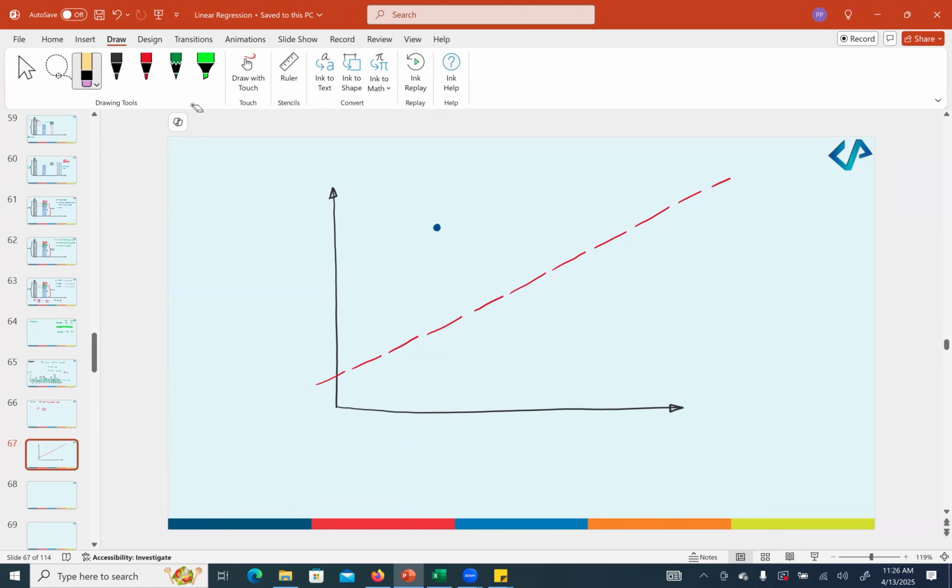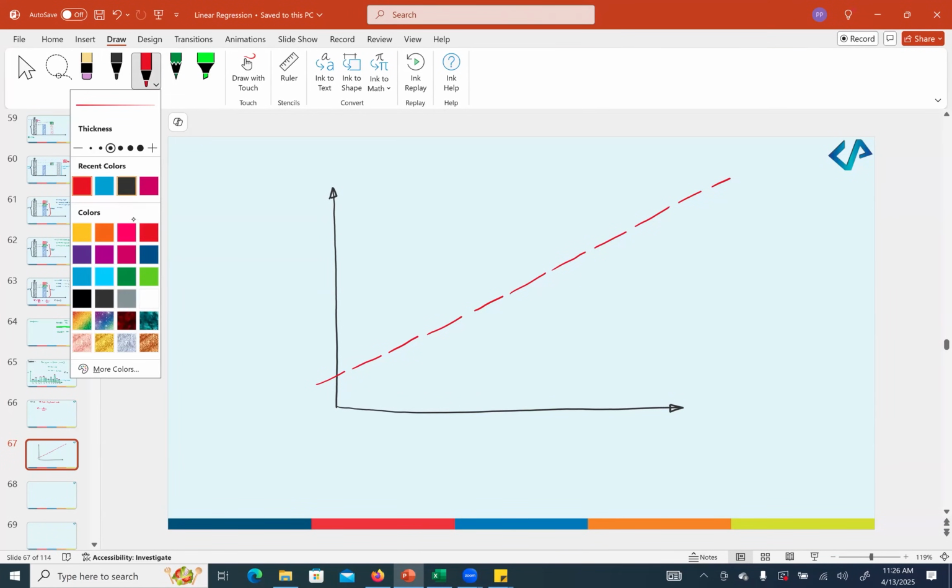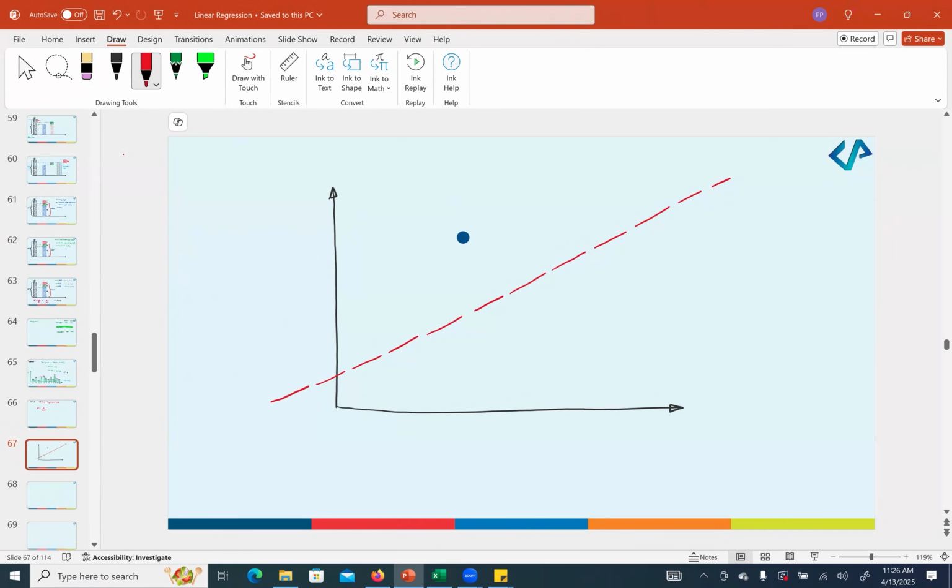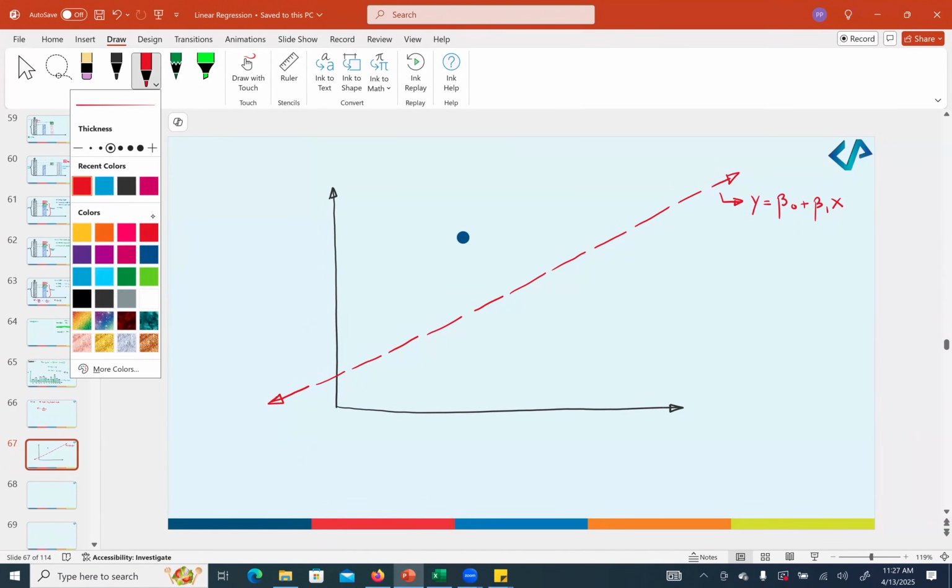I think I should draw it a little lower. Maybe let's say here. Now this is what our predicted line is. The equation will be like always y is equal to beta naught plus beta 1x.